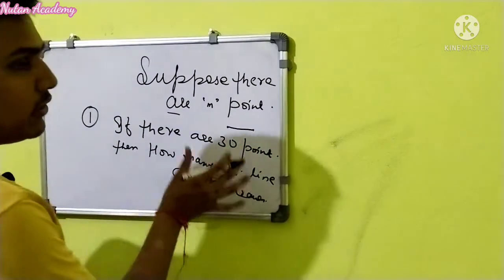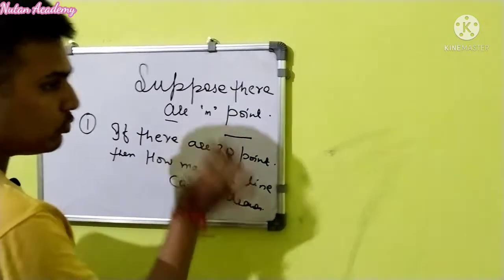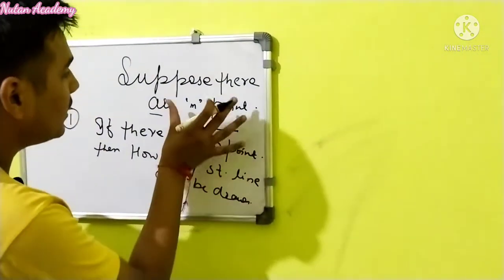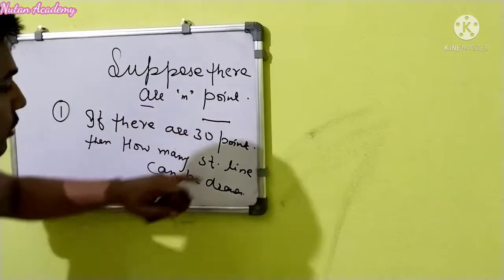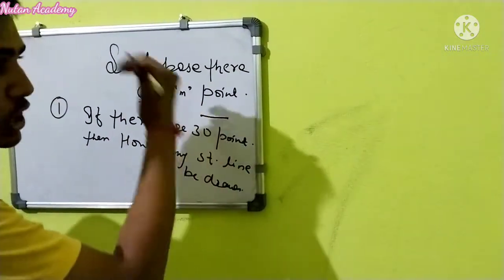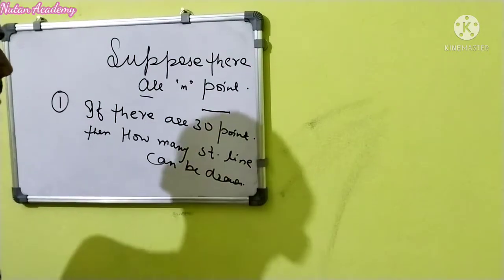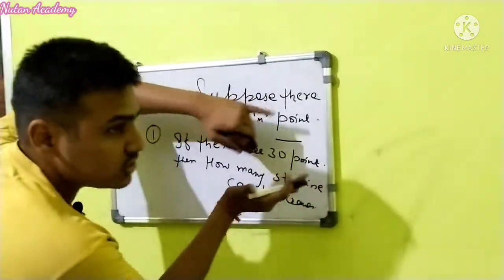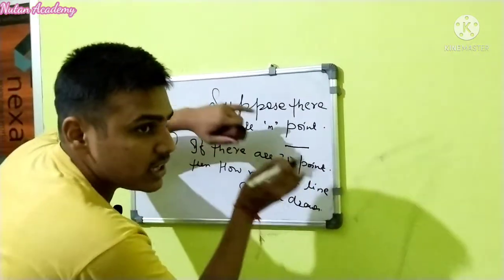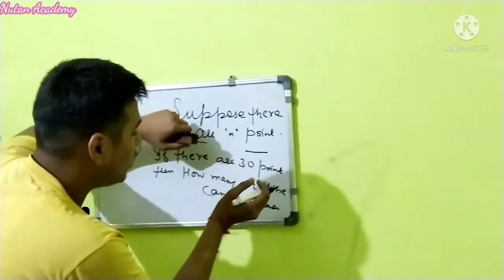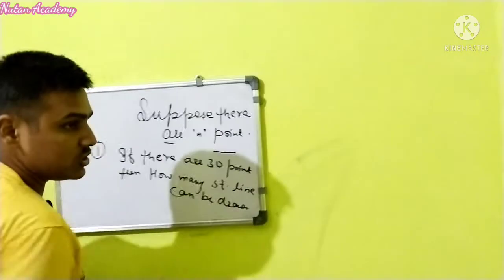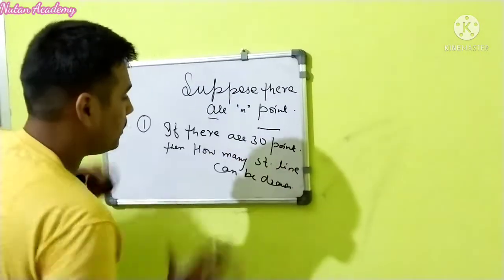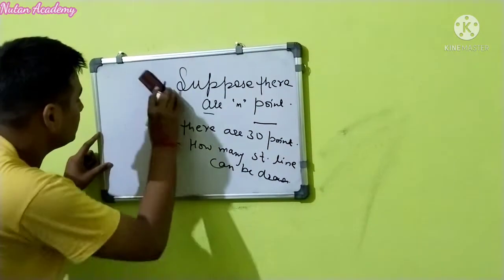If you are given 1 point, 2 points, 3 points, 4, 5 up to 6 points, you can easily calculate the straight lines. But if you are given more than 10, 20, 30, 40, 50 points, how will you calculate the straight lines? So I will give you a certain formula. From this formula, you can easily calculate the number of straight lines in your exam in a very short period of time. Let us see through it.